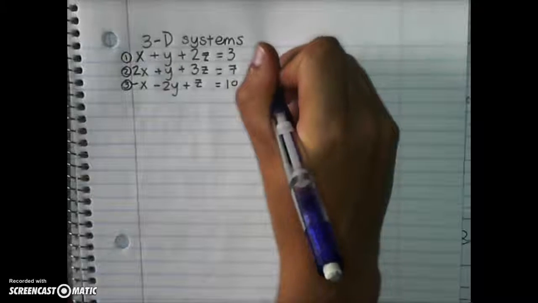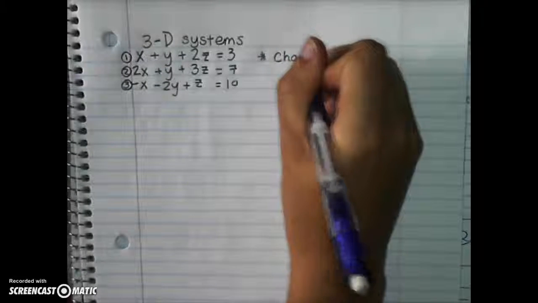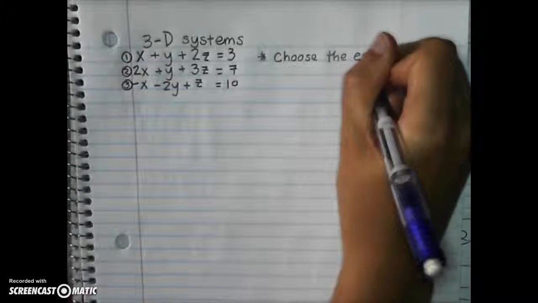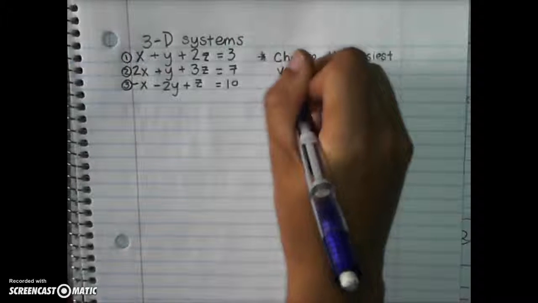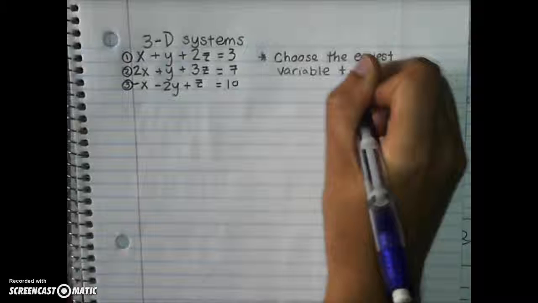The next thing we're going to do is choose the easiest variable to eliminate.